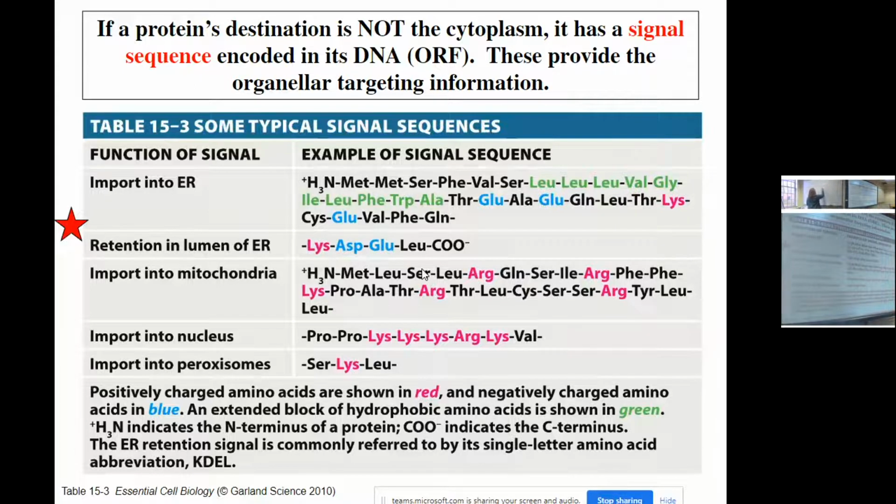The signal sequence is like a tag in or on a protein. It gives a little 3D shape, and that little 3D shape that's part of the protein sequence is going to allow transport to the correct compartment.